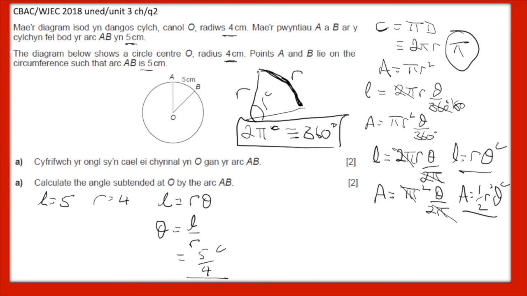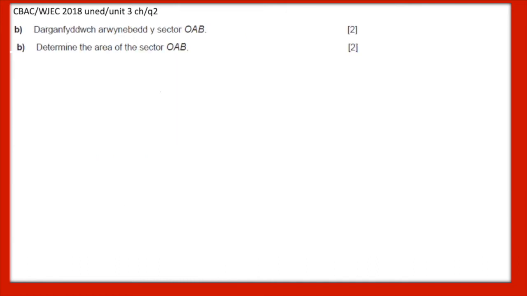Okay, no real problem. My next part of the question is determine the area of the sector. Now the area of the sector, as I've just said, is 1/2 r squared theta, as long as theta is measured in radians. In this particular case, we know that the radius is 4. We know the angle is 5 over 4 because we've just calculated that.